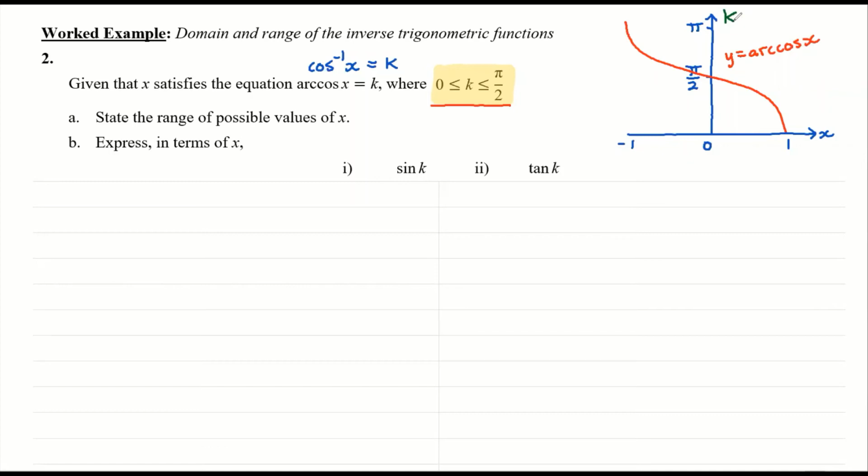Now, if the k value is only going to run between 0 and pi over 2 as its range of values, that obviously puts a limitation on the domain, doesn't it? If that's true, the domain can only be between 0 and 1 inclusive.